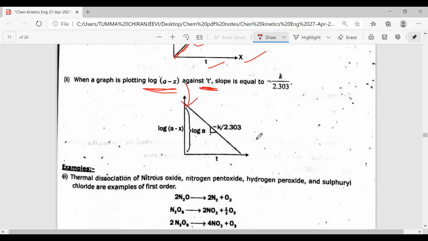Here is the slope, and it must be negative, that is why you get this type of line. So the slope is minus K by 2.303. So these are the two ways to draw the graphs.